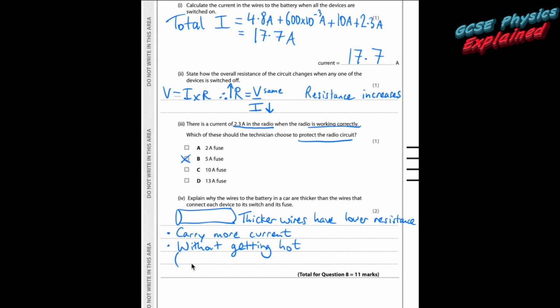So less energy will be wasted as heat. I would say that one and that one. But if it was worth 3, I'd say that one as well. If it was worth 4, I'd go with that one.